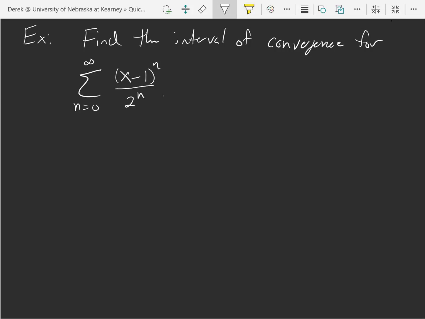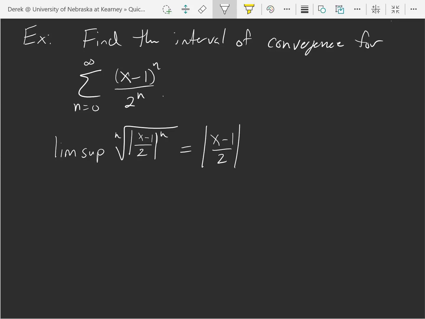So I'm going to look at the lim sup of the nth root of the absolute value of (x minus 1)^n over 2^n, and that's going to be equal to |x minus 1| over 2 in absolute value.